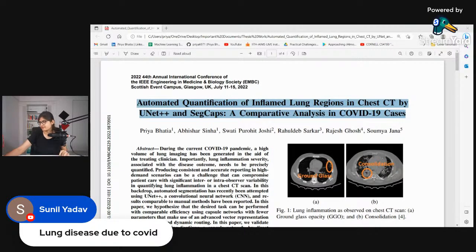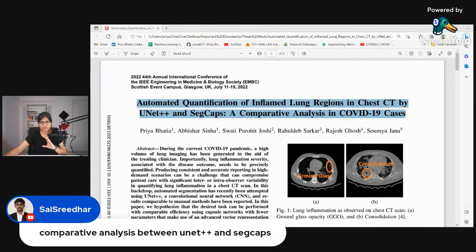Give more try. Again, see this heading very carefully and think what is the meaning of inflamed lung region. English word, inflamed. Inflamed means infectious. Now Sai came to a proper headline. Comparative analysis between UNet++ and SECCaps. For what?